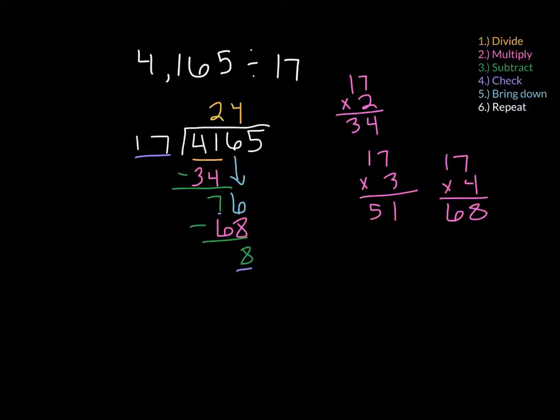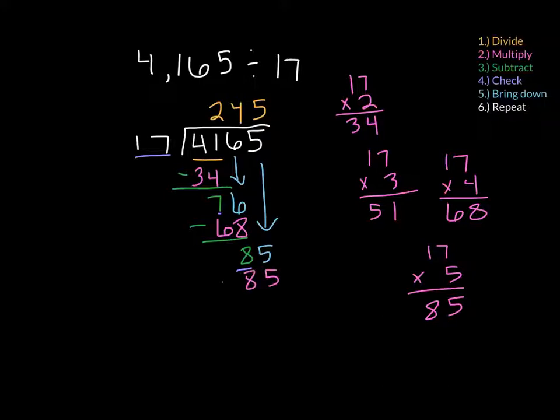Check that, 8 is smaller than 17. So we're ready to bring down the 5. And we know 4 was 68. 85 is quite a bit bigger, so let's try 5. 17 times 5 is 85.